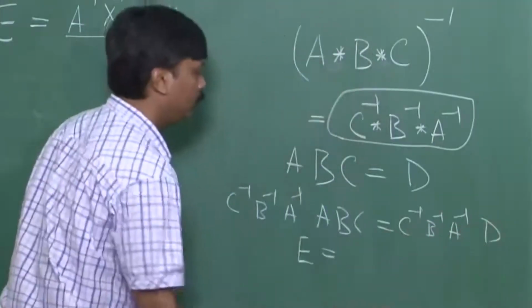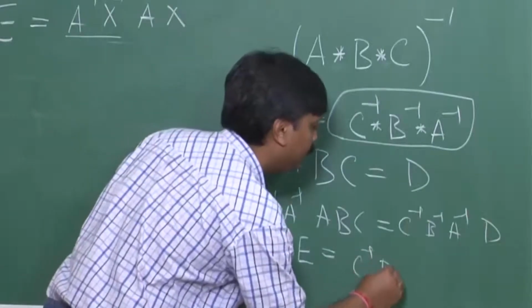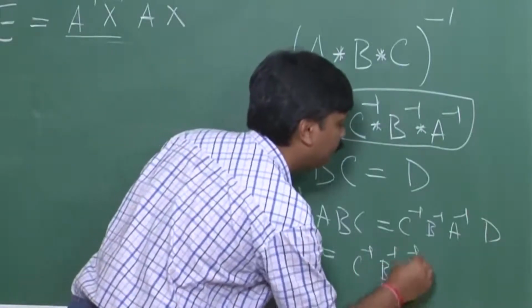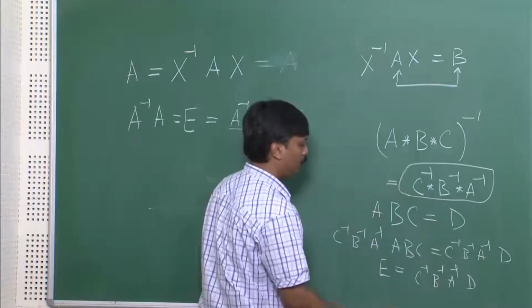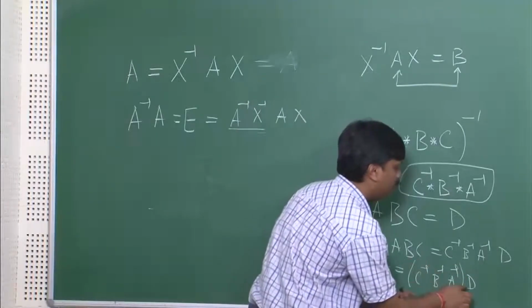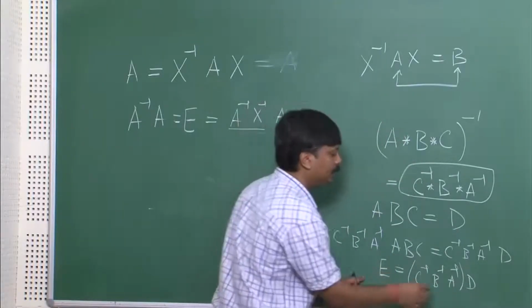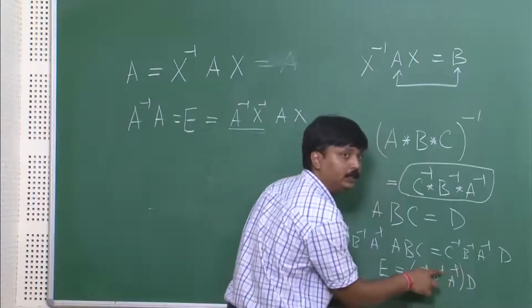So that means C inverse B inverse A inverse D equals identity. Now what does it mean? That this quantity, when it is operating on D, gives me identity. That means D is the inverse of this, correct?